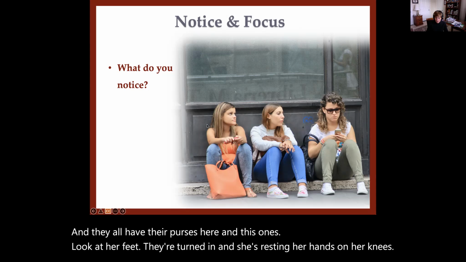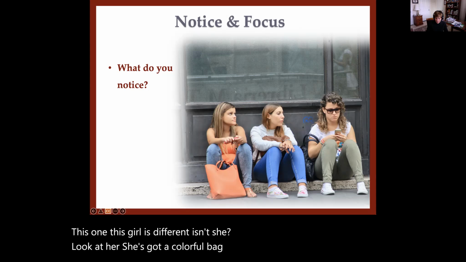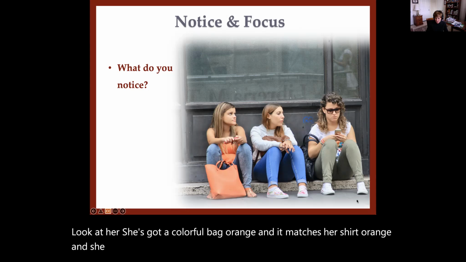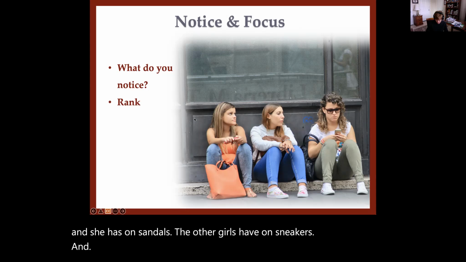But this girl's different, isn't she? Unexpected. Look at her. She's got a colorful bag, orange, and it matches her shirt, orange. And she has on sandals. The other girls have on sneakers. And her shoulders are bare.